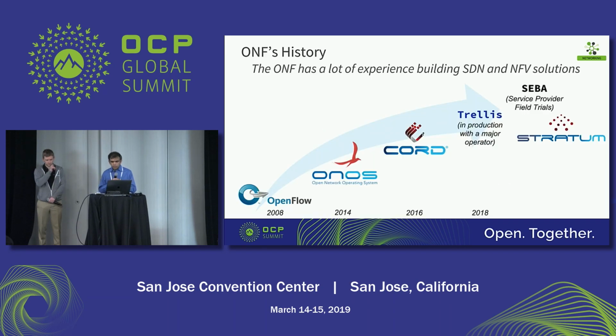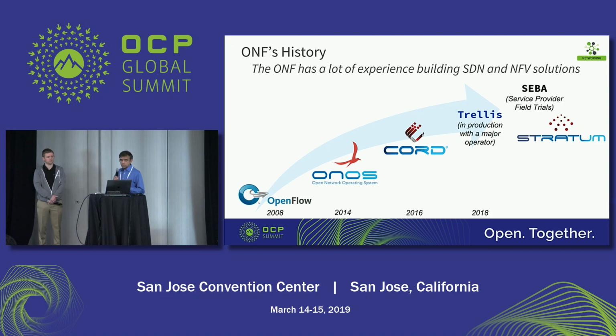Quick look at how ONF has evolved. ONF started off with the OpenFlow 1.0 solution, again about 10 years ago, and then built the ONOS SDN controller on top of that.